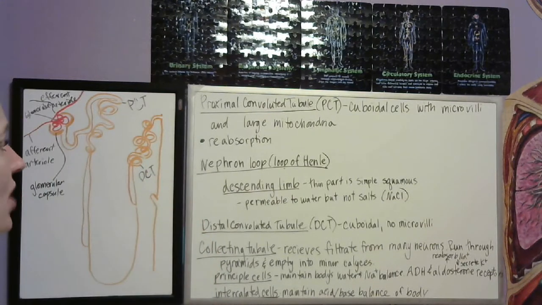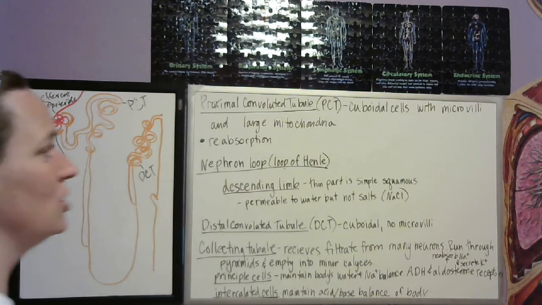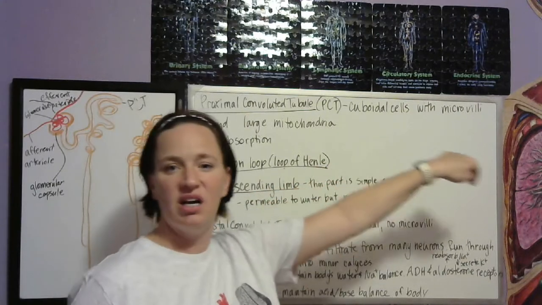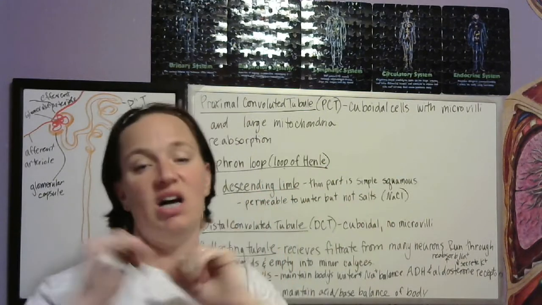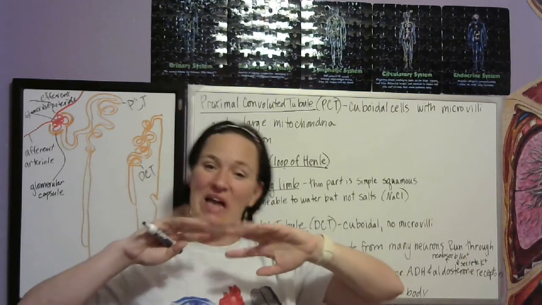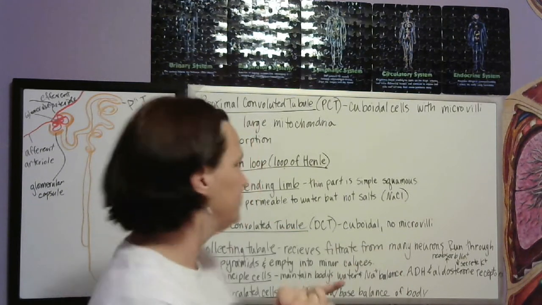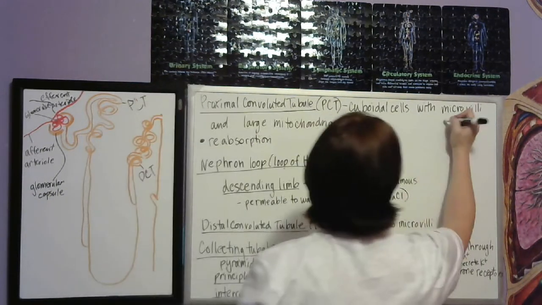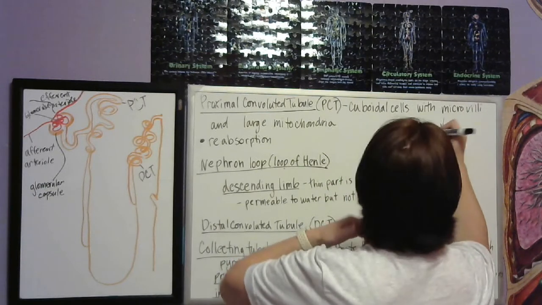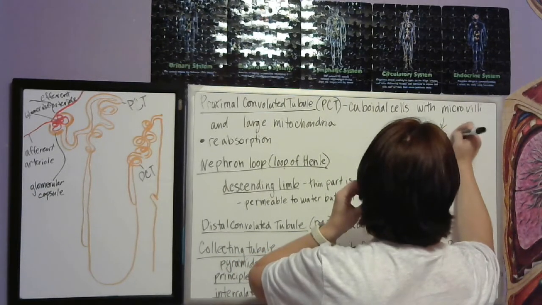The proximal convoluted tubule is filled with cuboidal cells with microvilli. That means it's going to look shaggy on a histology slide. It also has large microvilli.